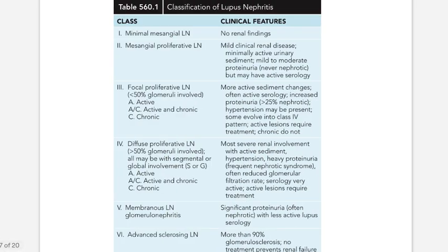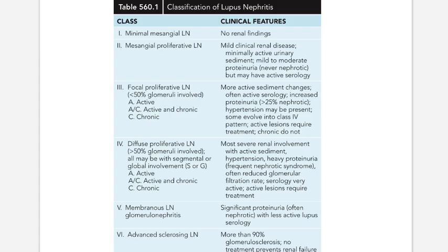The classification of lupus nephritis is the star slide of this whole discussion. This is the WHO classification. We have 6 classes. Just be with me, this is very easy. First is minimal mesangial lupus nephritis; the name suggests itself.